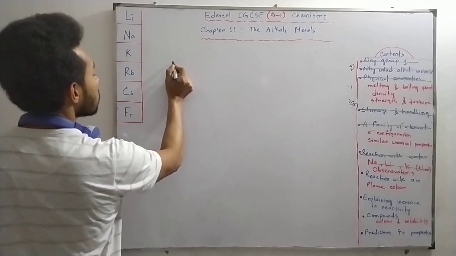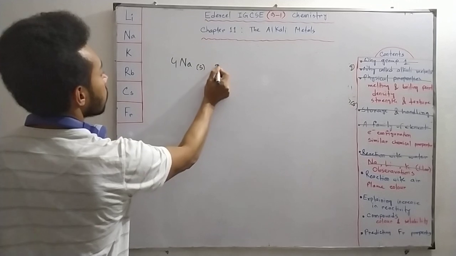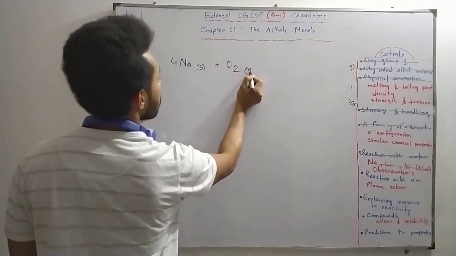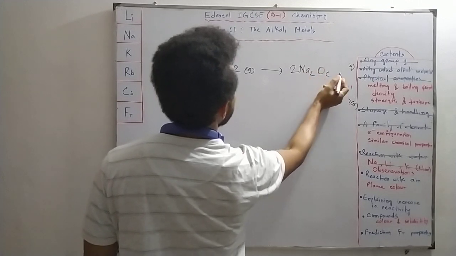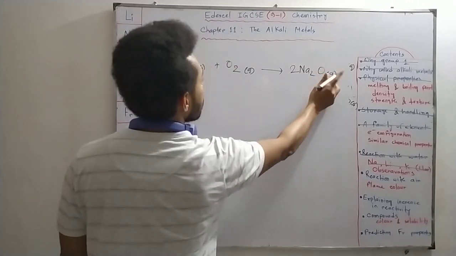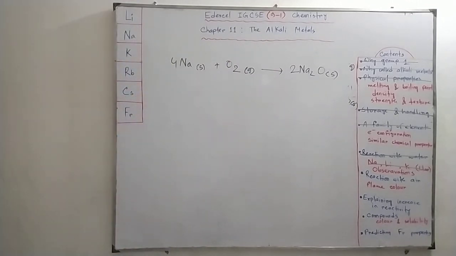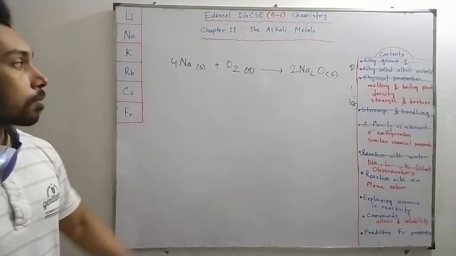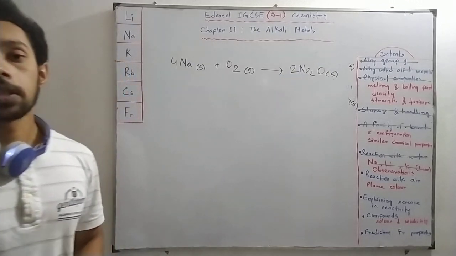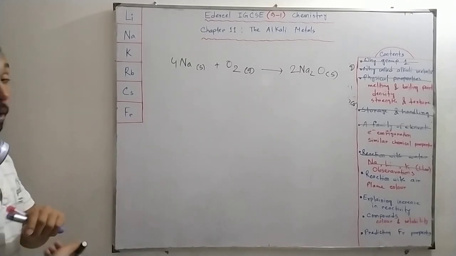For example, sodium, solid. Okay, all the elements in group 1 react readily with oxygen to form an oxide, which is a white solid.